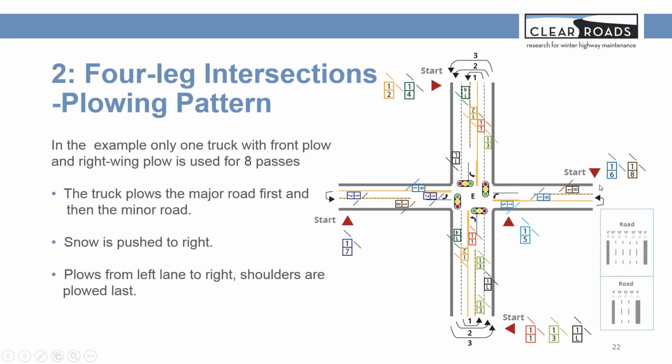And the last pass will be number 8. The truck turns around, clears the shoulder and also part of the right lane, and comes around to clear the shoulder and the right lane in the eastbound direction. So that will complete all passes for the 4-leg intersection.